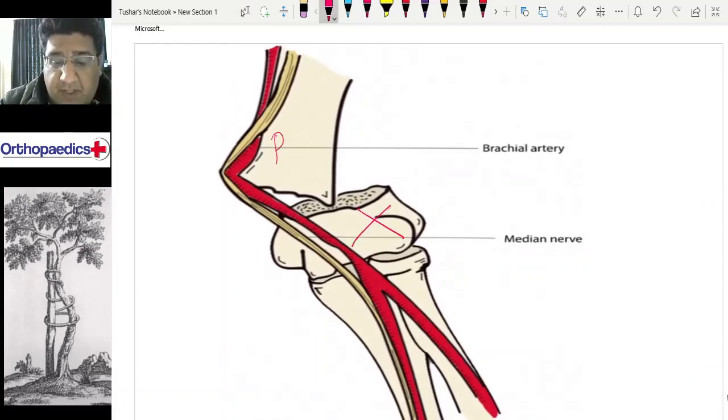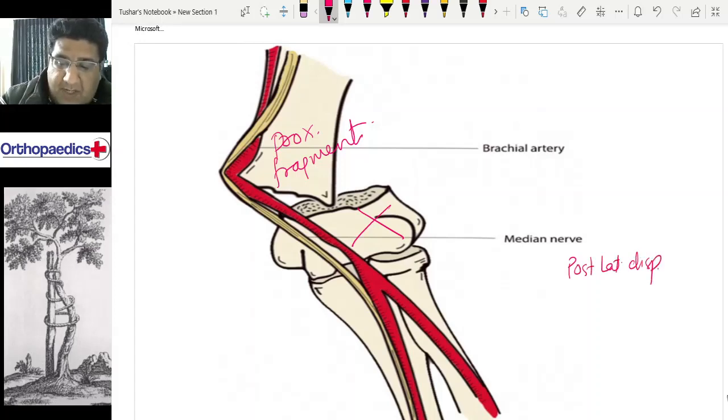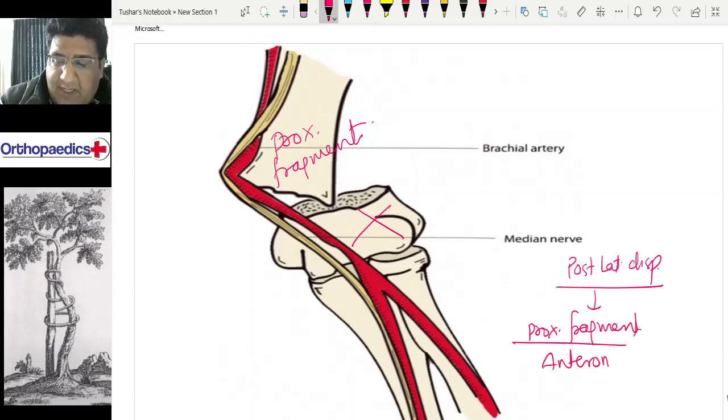So which fragment has a role as far as neurovascular injuries are concerned? It is the proximal fragment. So now just think, in posterolateral displacement, this displacement is of which fragment? Distal fragment. So in this displacement, your proximal fragment should go anteromedially.